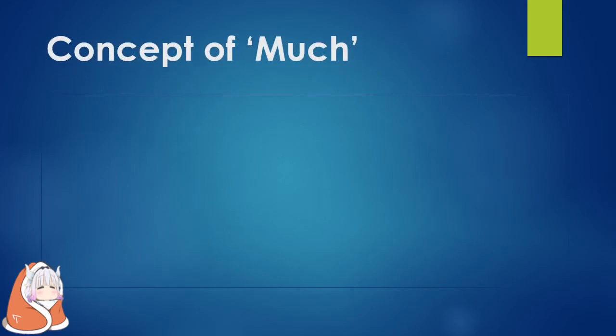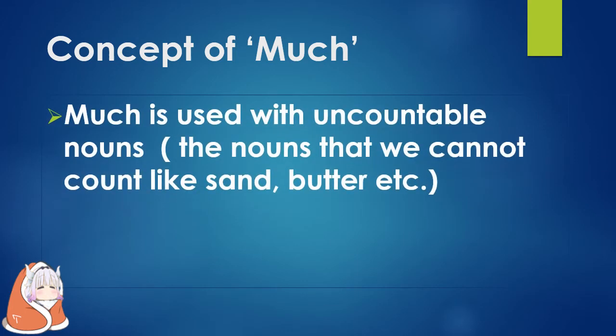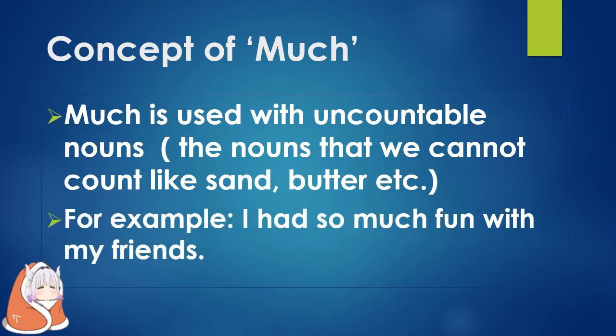Dear students, let's go through the concept of much. Much is used with uncountable nouns, the nouns that we cannot count, like sand, butter, water, etc. For example, I had so much fun with my friends.